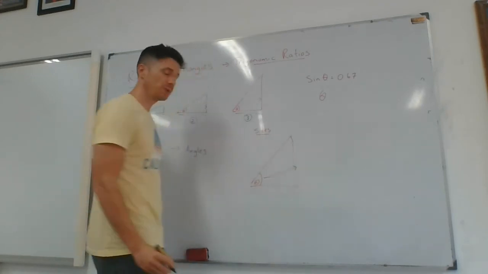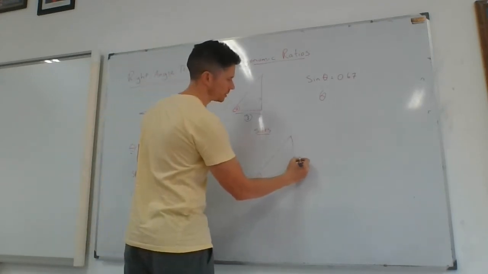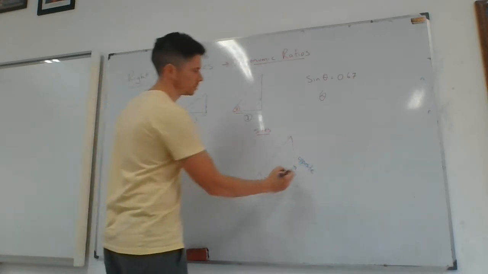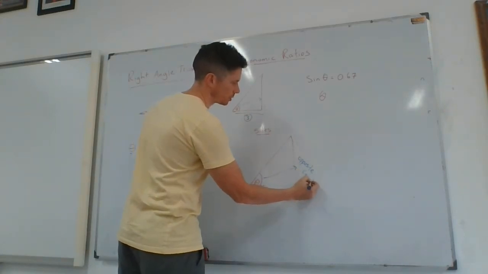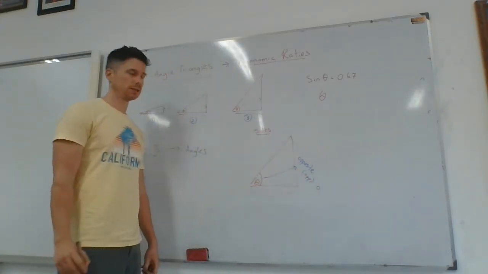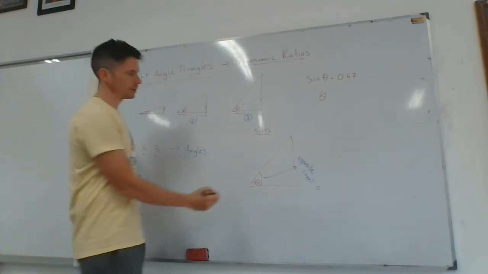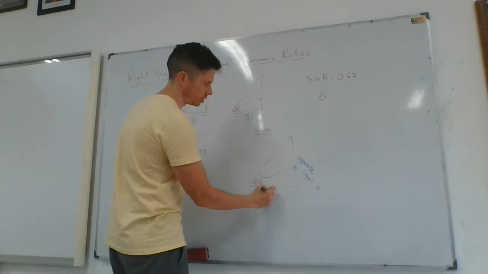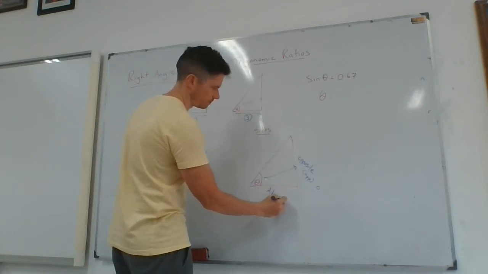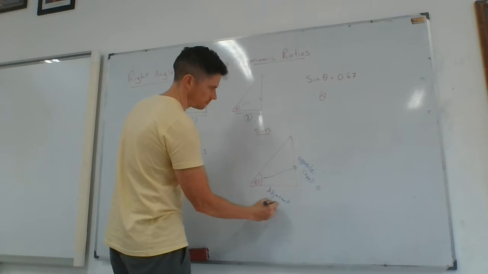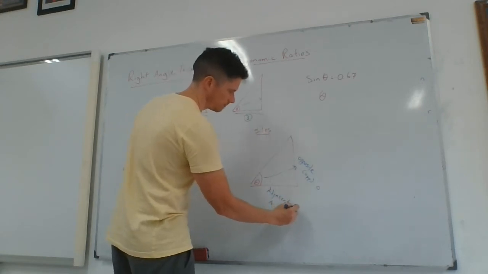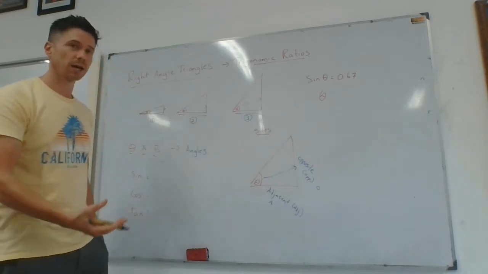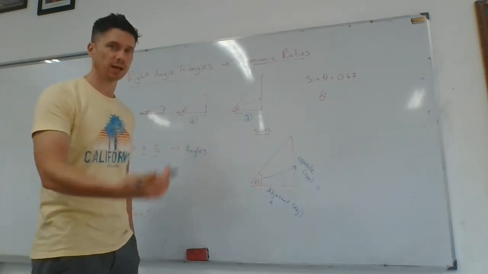The side opposite that angle is called the opposite side, sometimes just OPP for short, or just the letter O. The side alongside it, down here, is called the adjacent, or ADJ for short, or A. Alongside is adjacent to, it's beside.